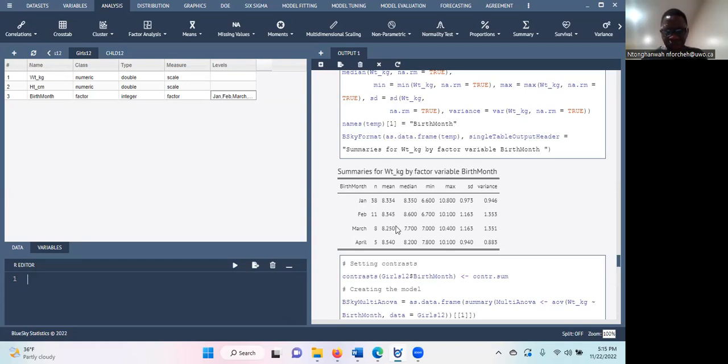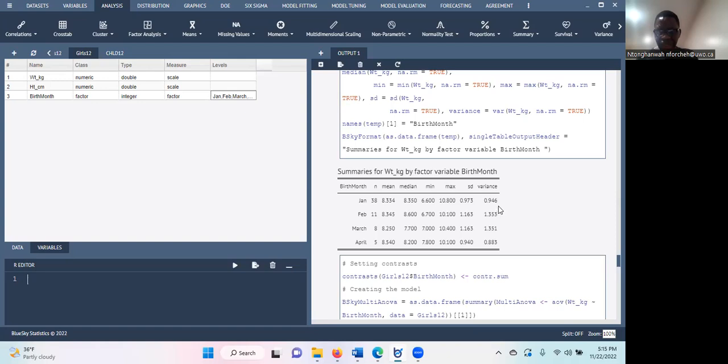For March, it was 8.2. For April, it was 8.5. So there's really no consistent pattern. They also give us the median values, the minimum and the maximum. The ranges are 6.6 to 10, 6.7 to 10, 7 to 14, 7.8 to 10. So the ranges are overlapping.